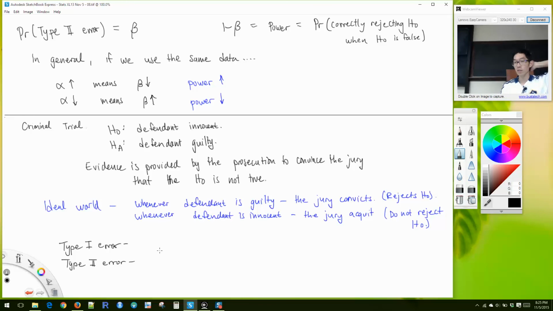So in this scenario, what's a type 1 error? Type 1 would be rejecting the null, or the jury convicts, but the defendant is innocent.